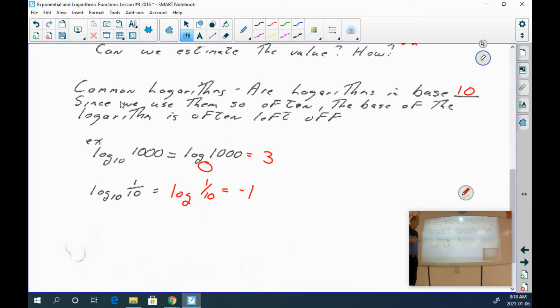The common logarithm is a button on our calculator, next to the 7. Anytime you see log of 7,023, what I'm asking you for is log base 10 of 7,023.